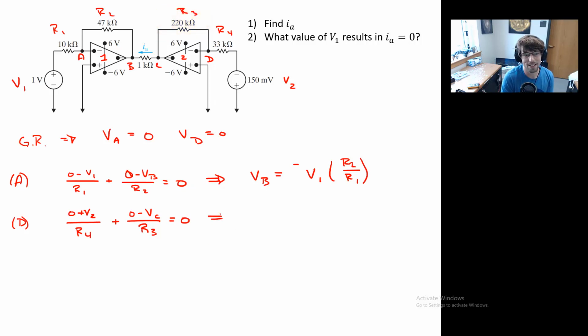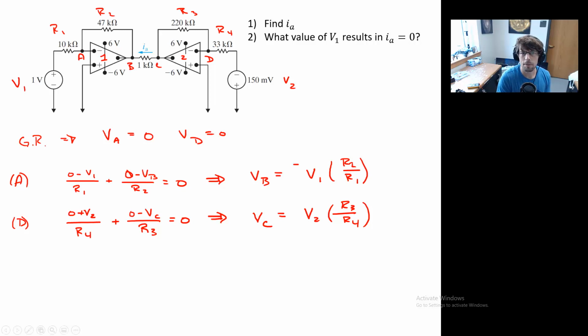And you notice again, we can solve for VC here. VC is going to be equal to V2 times R3 over R4. And we're done. Right? You see?